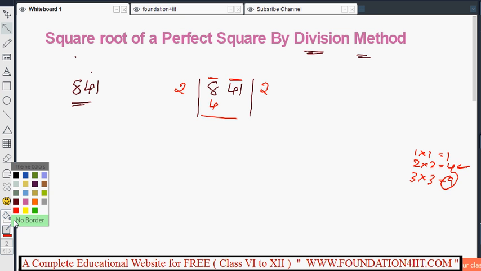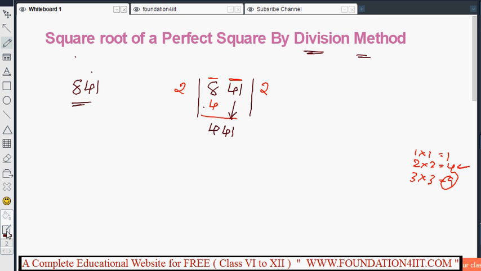Next, as in normal division, you need to subtract. 8 minus 4 is 4. Now the next full period we should bring down, that is 41. So after subtracting 8 minus 4, we bring down the next period, 41.